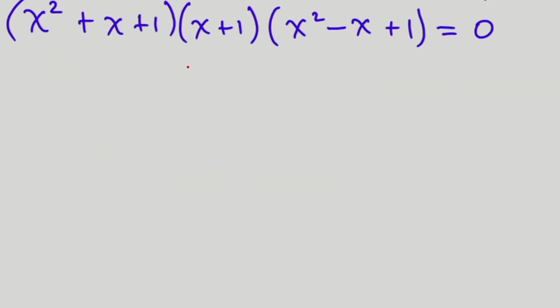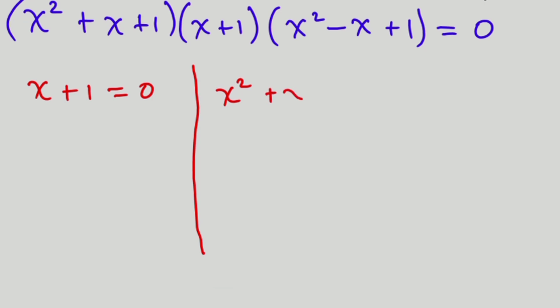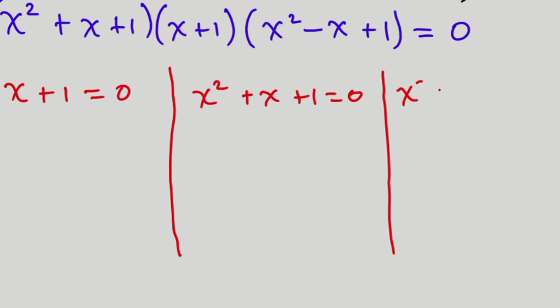The first equation is going to be, I have to write the easiest one first. So we have x plus 1 is equal to 0 as the first equation. Then the second equation, we're going to have x squared plus x plus 1 is equal to 0. Then lastly, we have x squared minus x plus 1 is equal to 0.